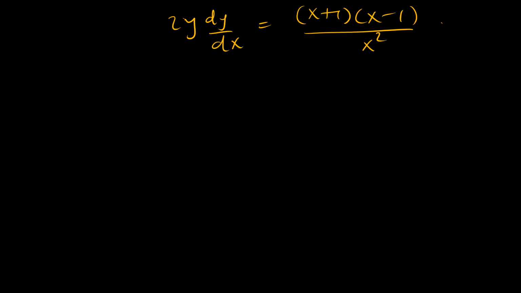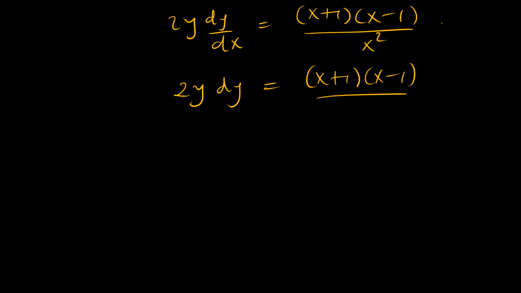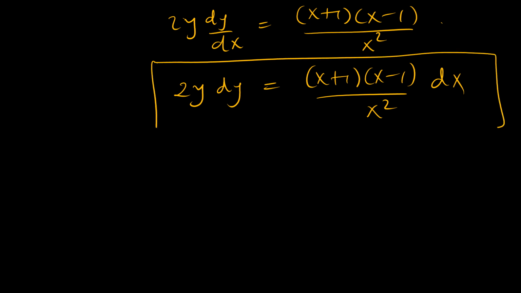In other words, we've gotten that 2y dy dx is equal to x plus 1, x minus 1 over x squared. And that means that we can use 2y dy to substitute off this part.